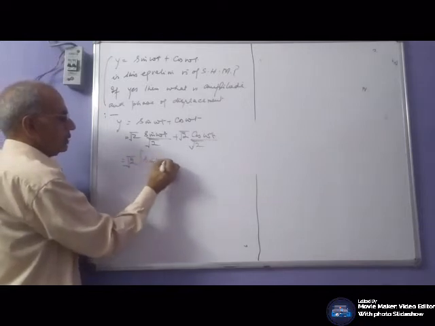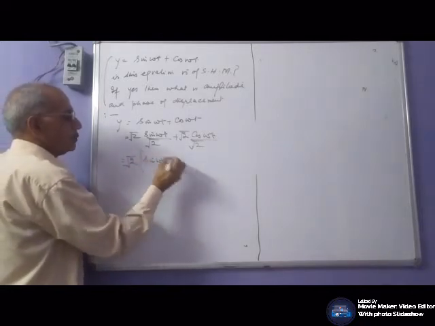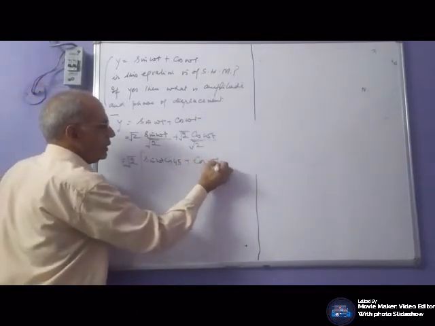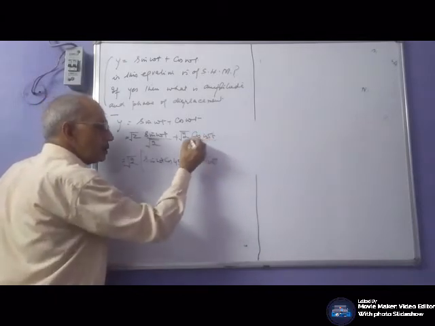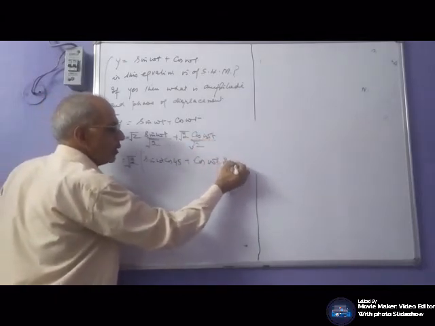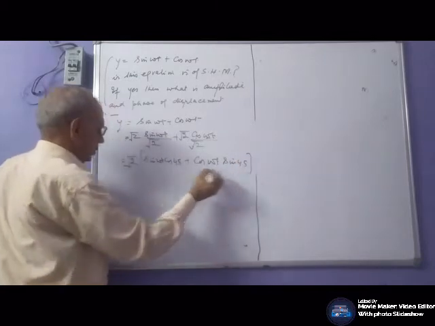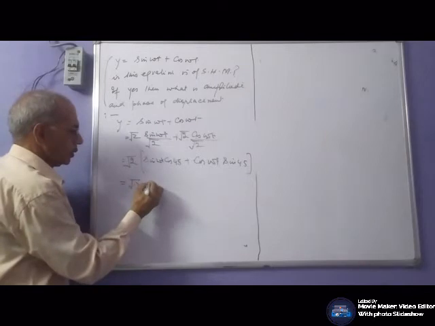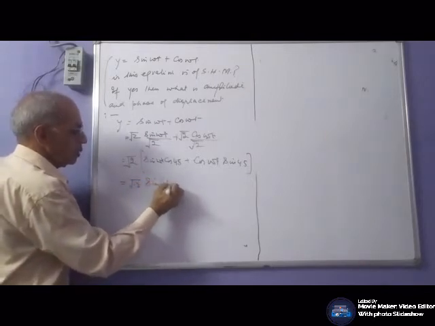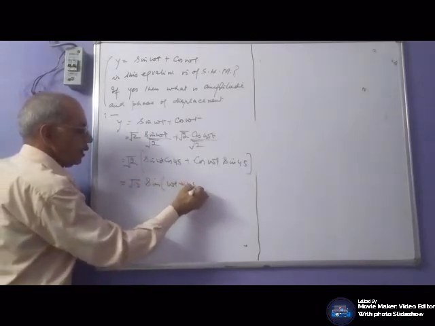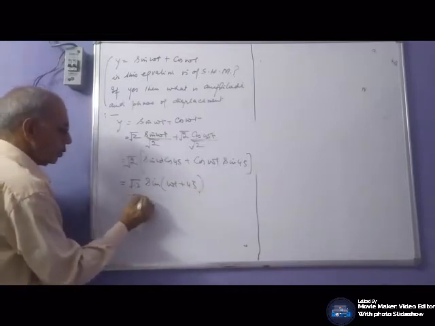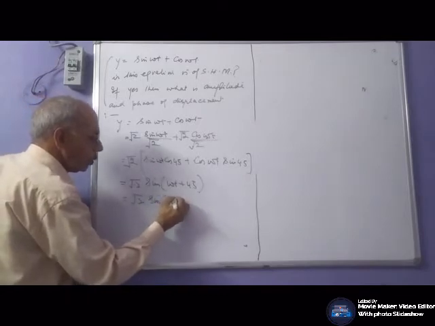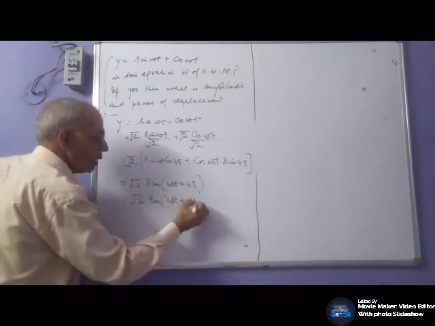Sin omega t cos 45 plus cos omega t sin 45, with 1 by root 2 as sin 45 and cos 45. So root 2 sin omega t plus 45, root 2 sin of omega t plus 45.